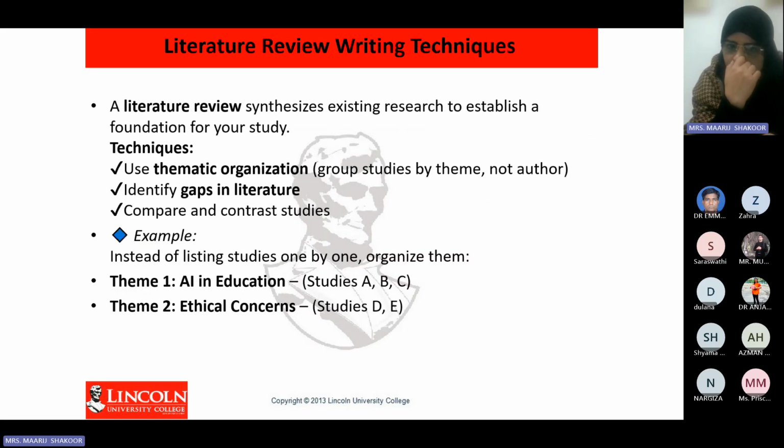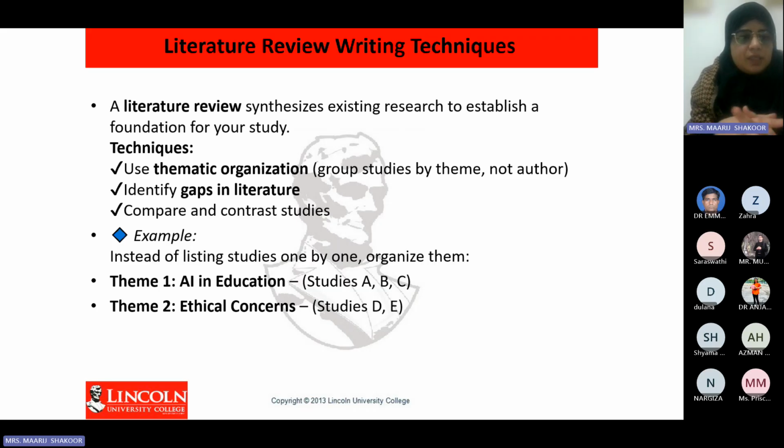Literature review writing technique: you are going to establish the foundation of your studies. Technique number one, use thematic organization: group studies by theme, not author. Not that I chose that author; your theme should be there and you follow that theme. Identify gaps in literature: what are the gaps which are missing?